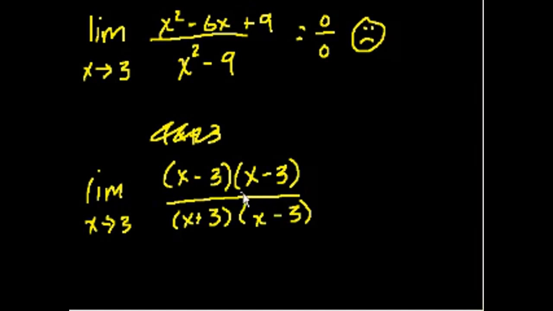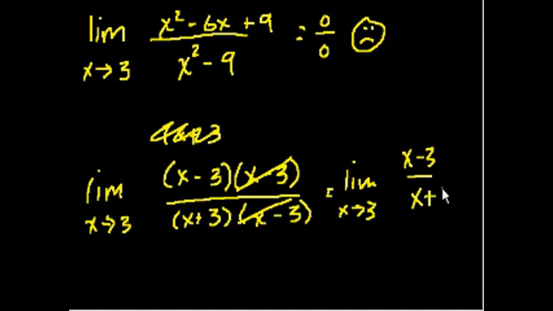It only is 0 when x is equal to 3, so in the numerator and the denominator we can cross this out. And I'm not being very rigorous here, but this is kind of how it's taught, and I think you get the intuition, that this is the same thing as the limit as x approaches 3 of x minus 3 over x plus 3.